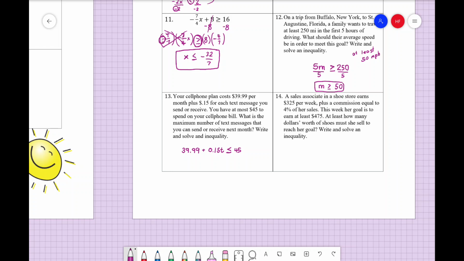So now I need to solve this inequality. So I'm going to subtract $39.99 from 45, and I get 0.15t less than or equal to $5.01.